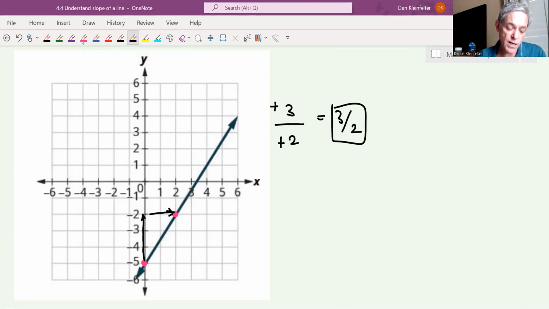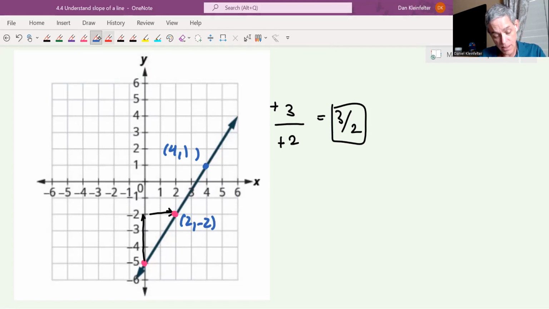It's important to note that on a straight line, slope is constant, so it doesn't matter which 2 points you choose. If we used the point 4, 1 instead, and let's say along with, let's use 2, -2 still, let's calculate the slope using those 2 points.